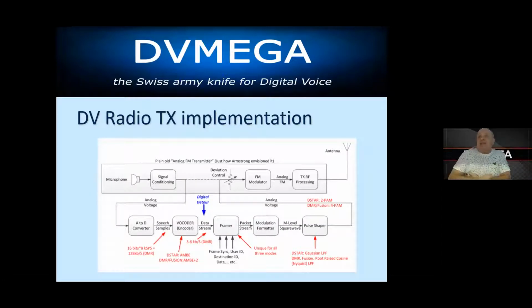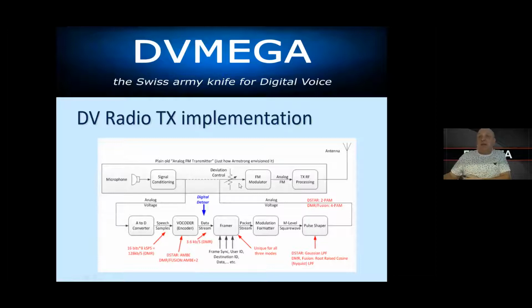The TX implementation: what you see on the top is a standard analog radio, an FM radio. The lower part of the schematic is the addition when you make it digital.